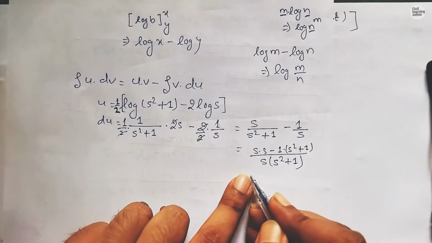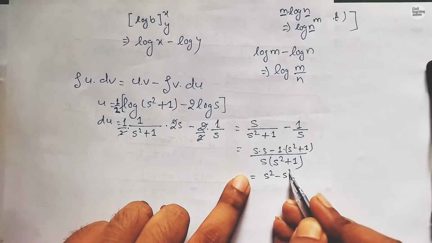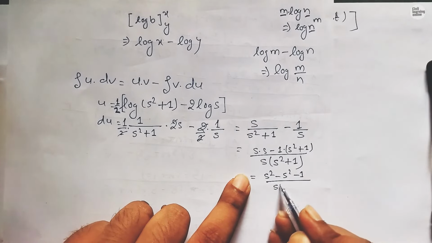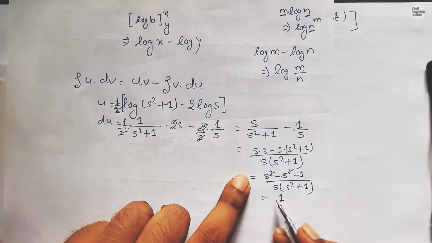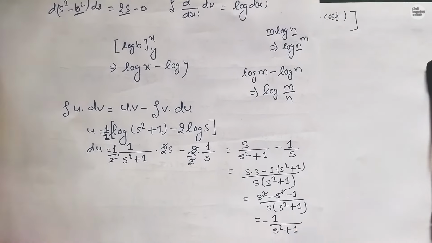On solving this, we will get here (s square minus s square minus 1) upon s times (s square plus 1). So we will have finally minus 1 upon s times (s square plus 1), and this is the value of du.